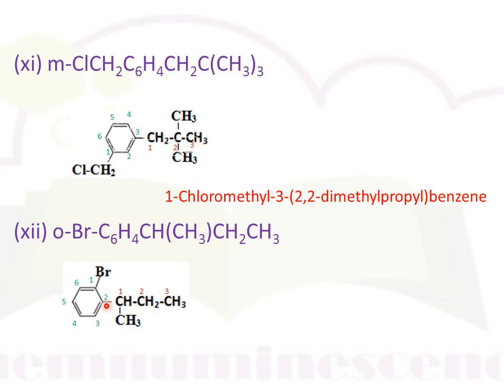Hence its name is 2 in bracket 1-methyl propyl. Another fragment is 1-bromo. Put these 2 fragments alphabetically, and the parent compound is benzene. Hence the name of this compound is 1-bromo 2-(1-methyl propyl) benzene. This is the name of this compound.